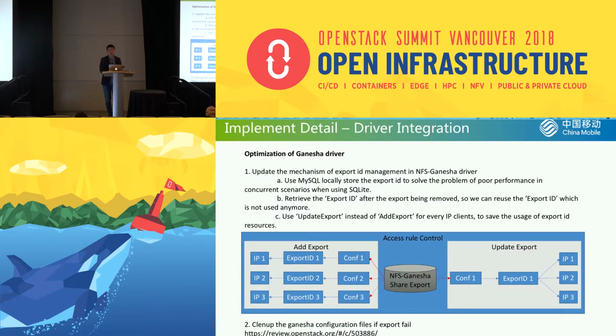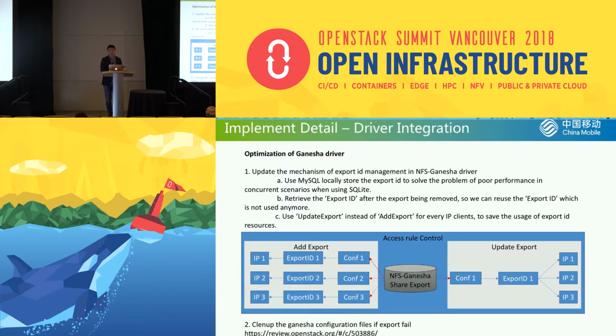In order to solve the problems that I mentioned, we use the following methods to update the export ID mechanism. Use a MySQL cluster to store the export ID, to solve the problem of poor performance and the uniqueness in concurrent scenarios when using SQLite. As you know, Ganesha now uses SQLite to store the export ID usage if you do not use Redis.